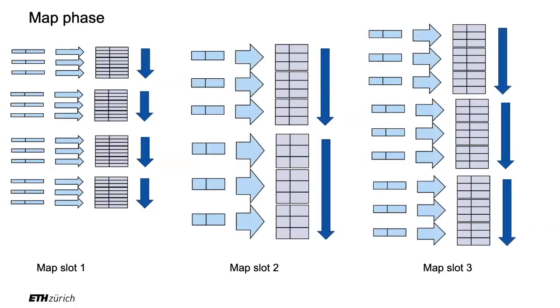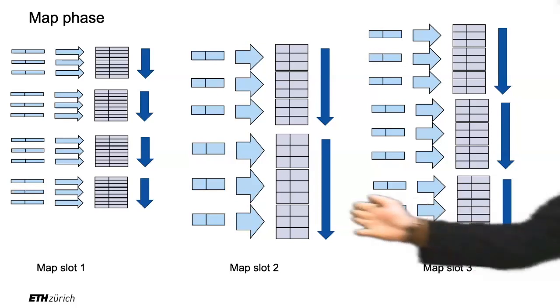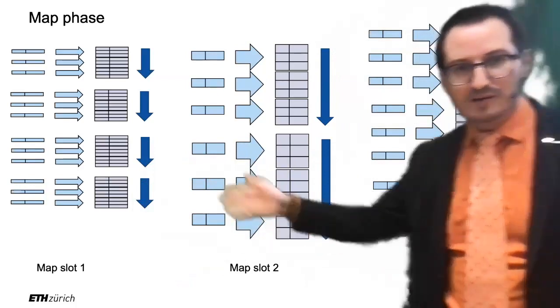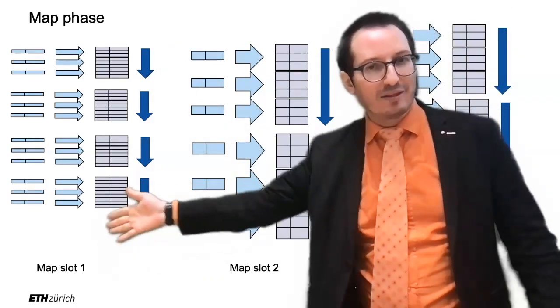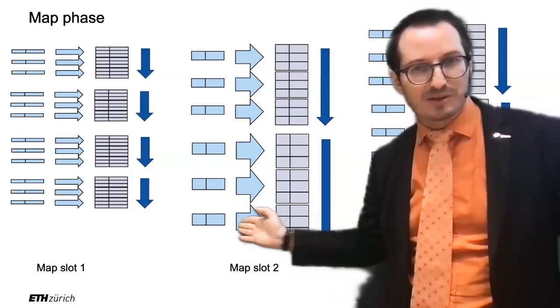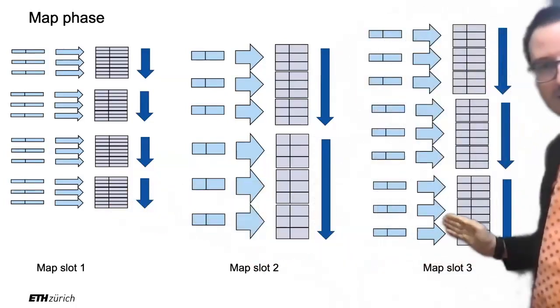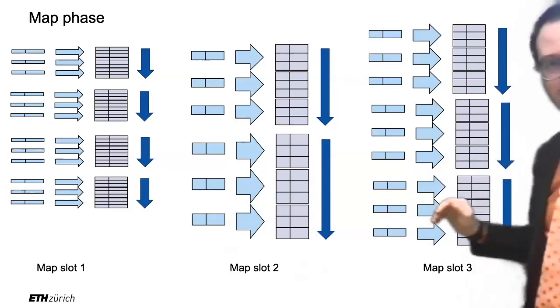Okay. Now, what about the map phase? I'm zooming out even more. Now, of course, I don't have a single virtual core. I have a data center maybe with 1,000 machines, and on every machine there are maybe 16 virtual cores. So that's like 16,000 slots. So what's going to happen is that all of my virtual cores are going to work in parallel. There is slot number 1, slot number 2 might be another virtual CPU on the same machine, slot number 3 might be another machine, and so on.